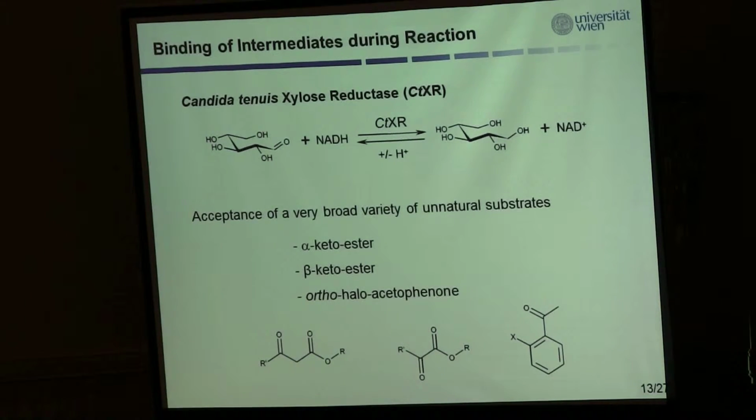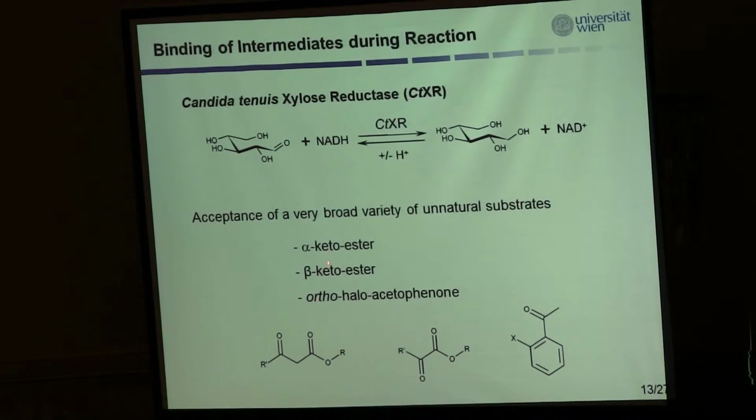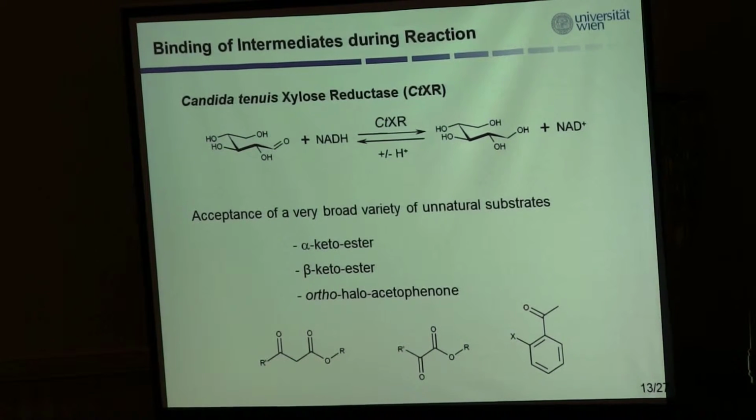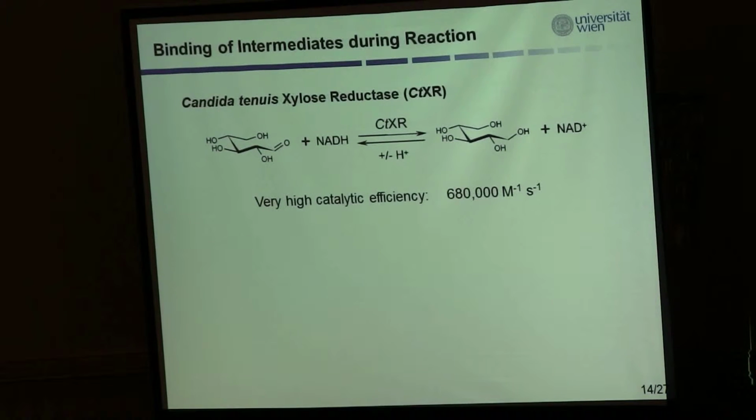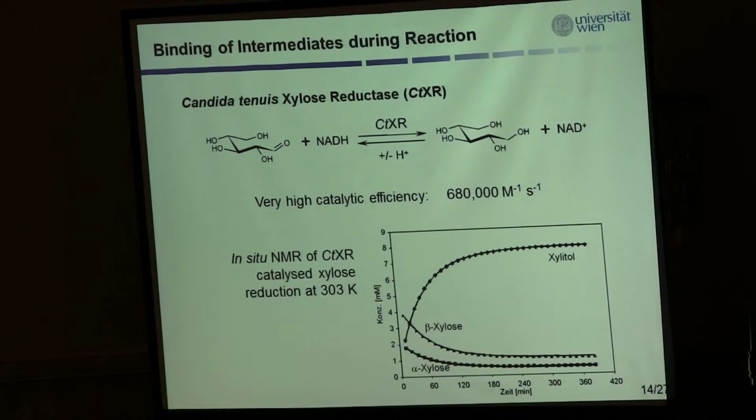But it also accepts several other compounds like alpha and beta ketoesters and orthohaloacetophenones. But even for the natural reaction, which is catalyzed, we have a very high catalytic activity of 680,000 per mole and per second on the free form of the aldehyde of xylose.